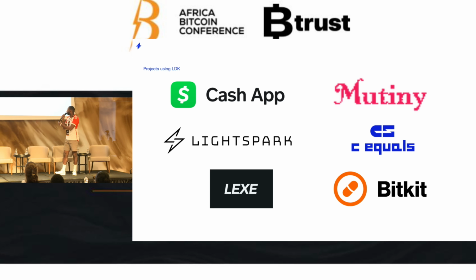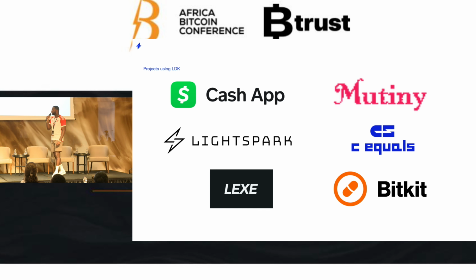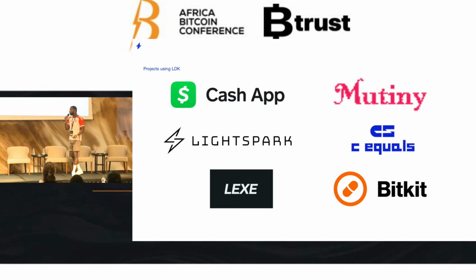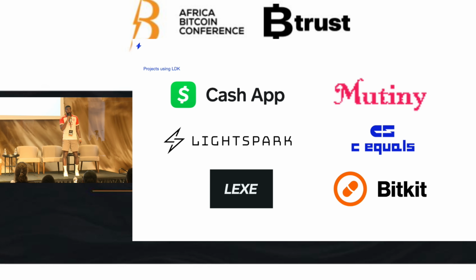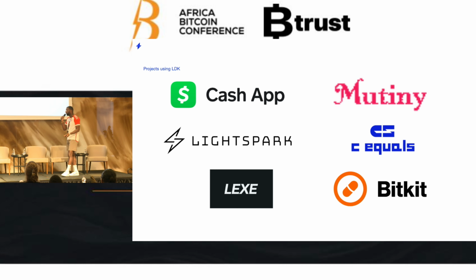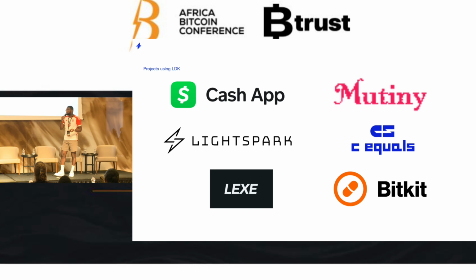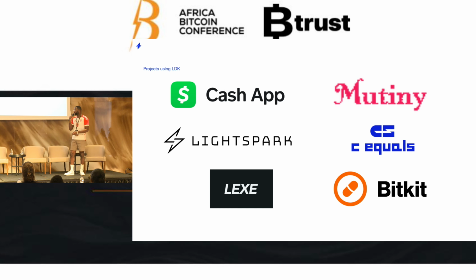We have BitKit here as well, who also do self-custodial Lightning wallets. So the range of different applications being built is quite vast. We also have Alby and Alby Hub, a browser extension which enables you to do instant payments and receive payments for specific types of content and things of that nature. So the use cases vary quite a lot.